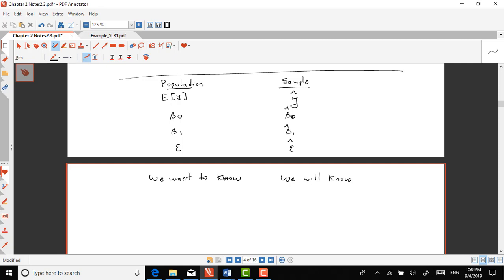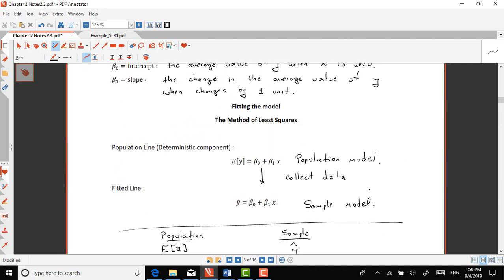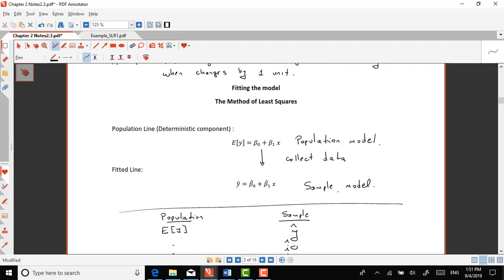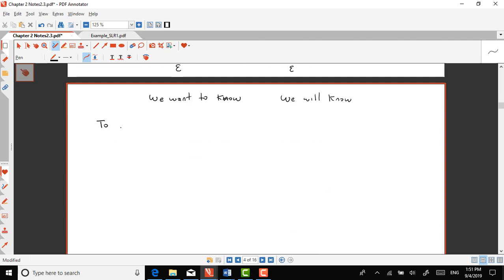Now, the procedure that is used to estimate this beta 0 hat and beta 1 hat is called the method of least squares. I'm going to try to give you some intuition of what's going on with this method. To estimate the sample model, and more specifically beta 0 hat and beta 1 hat, although later on we can also estimate the predicted errors, etc. But the main focus is the coefficients.